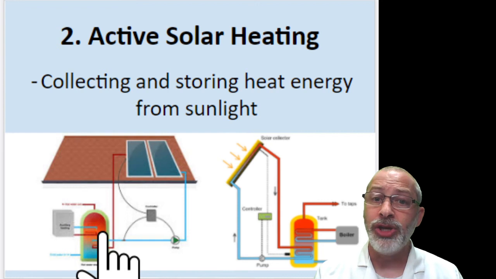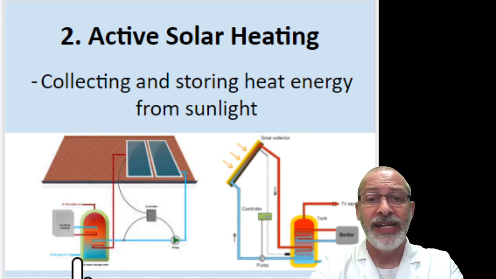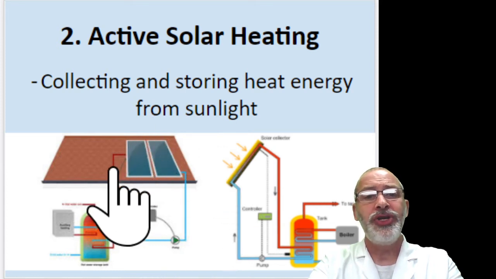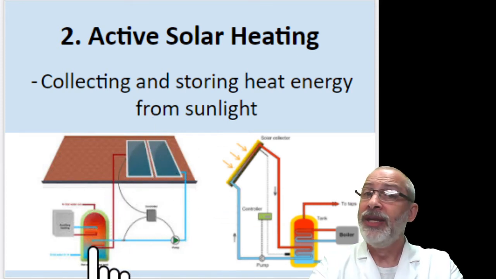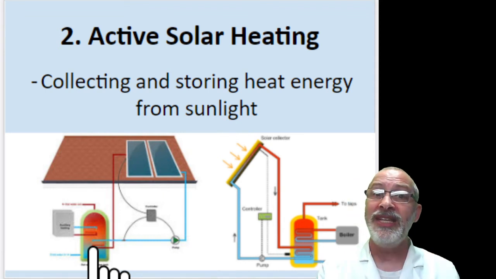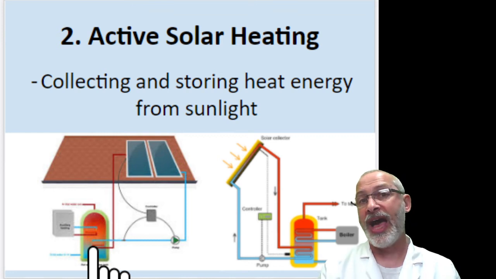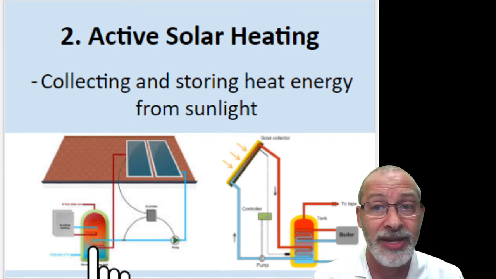energy for later use. So if this is very well insulated, all of this heat energy that's coming into this unit, if it's really well insulated, that heat energy can stay in that unit even into the darkness hours of the night.